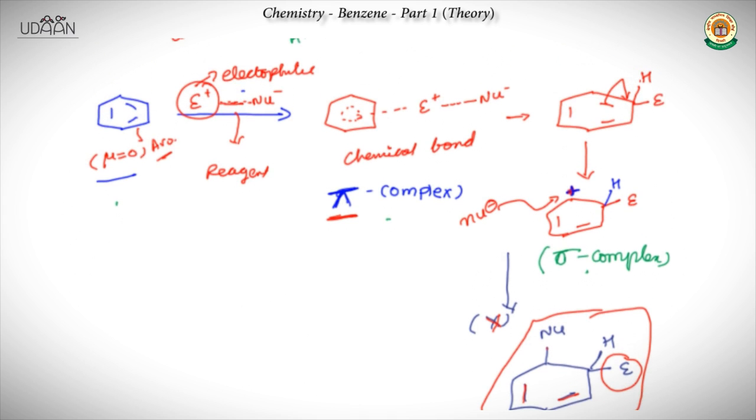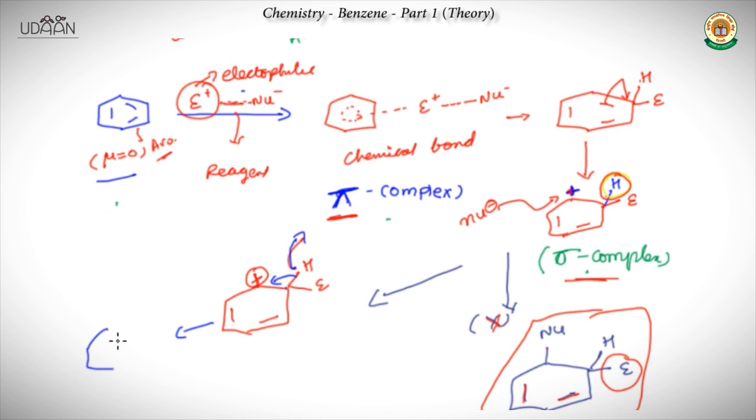But if you observe very closely, by loss of this hydrogen, it can regain its aromaticity. That is what happens here. That is, this sigma complex, you have a positive charge here, it loses its hydrogen, the bond is shifted in this direction, that is, you get a negative charge here, and you will get back your aromaticity.